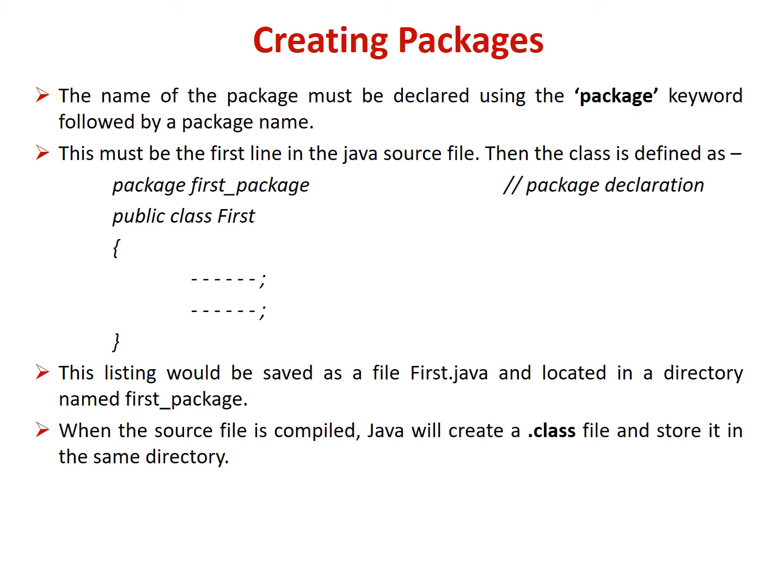After this, we actually declare the class called FirstClass. This listing would be saved as a file FirstClass.java and located in a folder or directory named firstPackage. When the source file is compiled, Java will create a bytecode, that is the class file, and store it in the same directory.